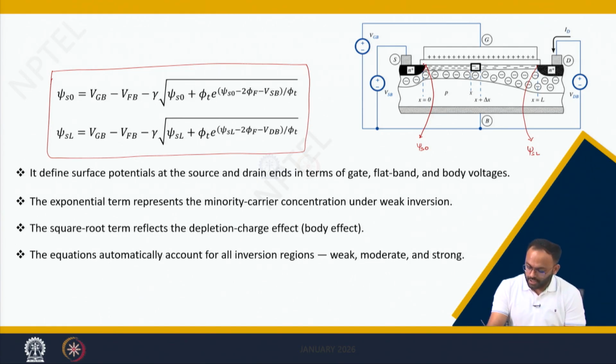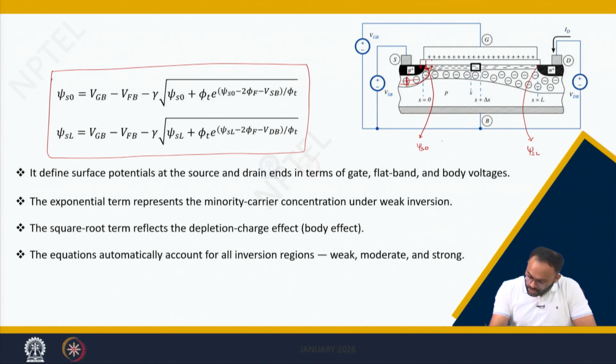What the edge effect means, the potential at n plus region and the potential at the channel is different because of this depletion region. If you see, the potential here is different than the potential here because there is a depletion region coming into picture. We are considering the expansion of this depletion region between n plus and p is same as the expansion near the body. It means here the expansion and here the expansion will be same.